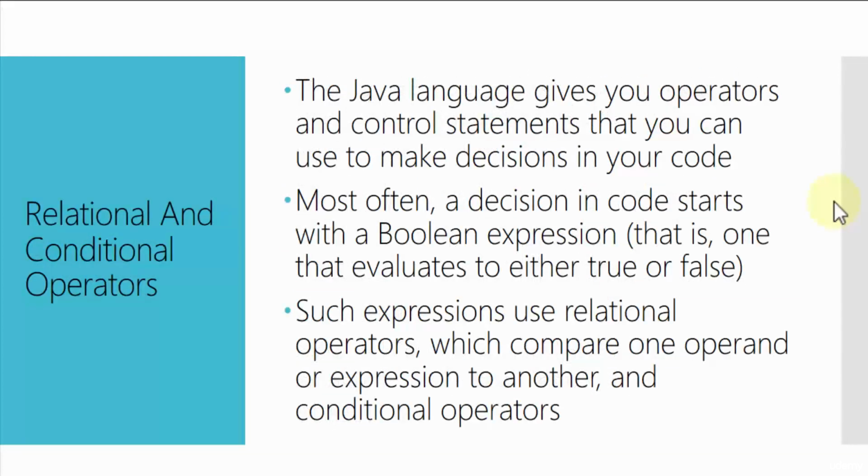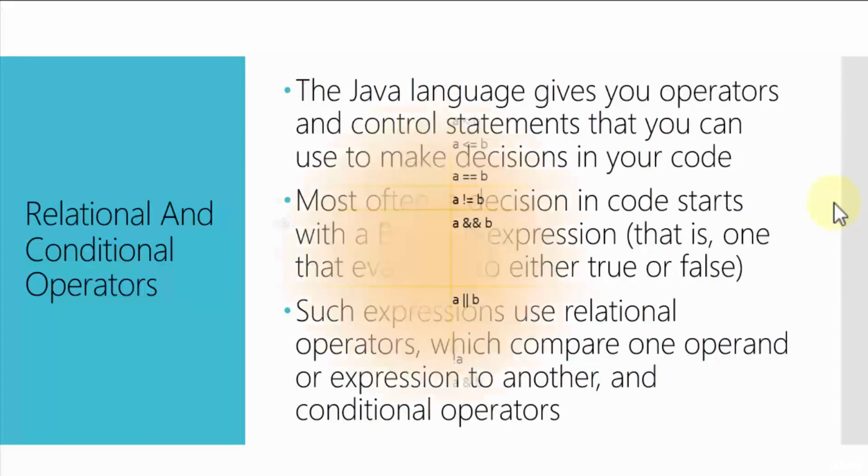For the relational and conditional operators, the Java language gives you operators and control statements that you can use to make decisions in your code. We looked at a simple example of an if statement. Most often a decision in code starts with a Boolean expression, that is, one that evaluates whether it's true or not. Such expressions use relational operators, which compare one operand or expression to another, and conditional operators.